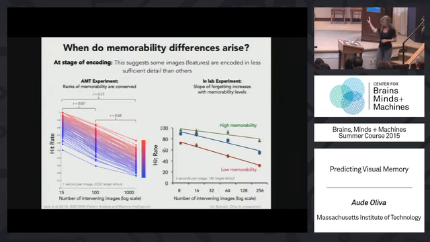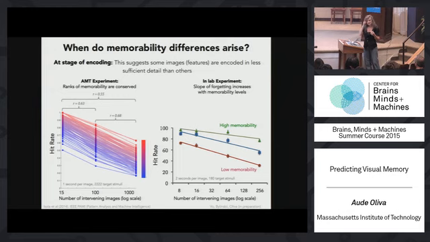All that work is also published. You can go and download the paper and see the details. But the basic idea is that the ranks were conserved. So if one image is very memorable, one of the top after, let's say, a few seconds, it will still be memorable after hours. And if an image is forgettable, or one of the most forgettable after a few seconds, it will still be forgettable after hours.